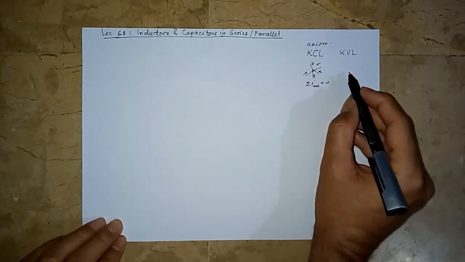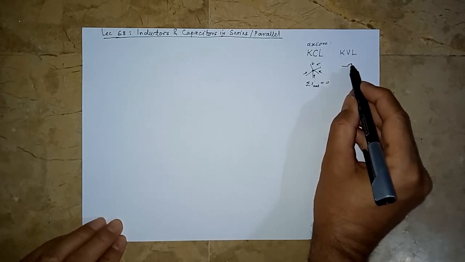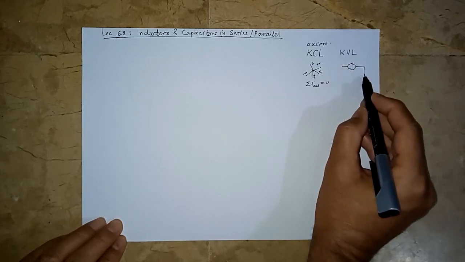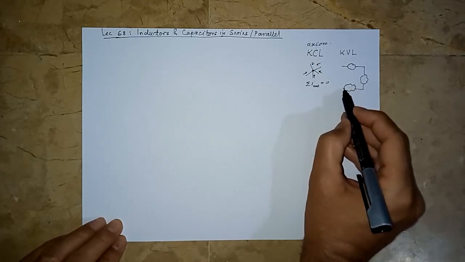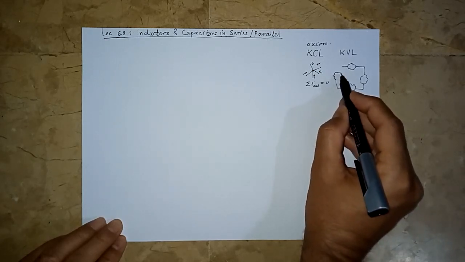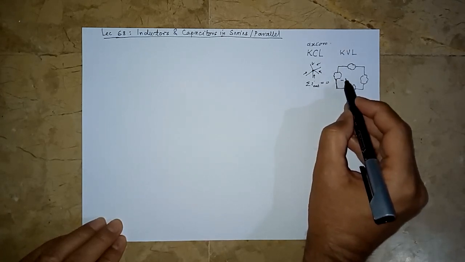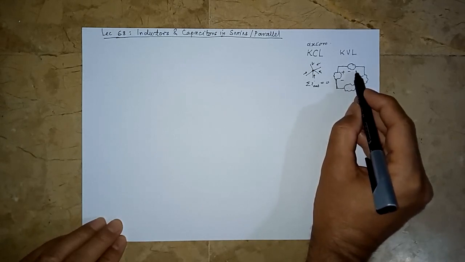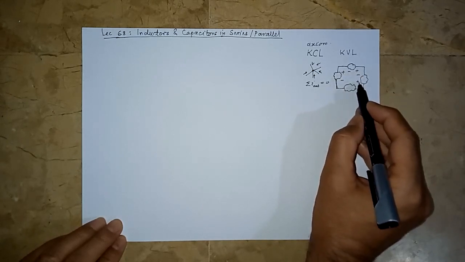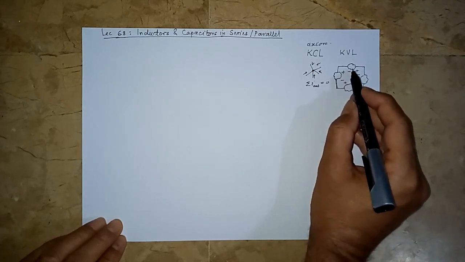And in KVL, we say that in a closed path with several elements in the path, suppose we don't know what those elements are, then in a closed path, all the voltage rises, for example, if we move in the clockwise fashion, we are going to experience voltage rise.